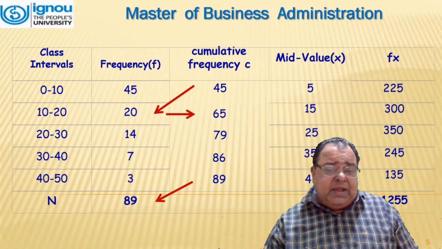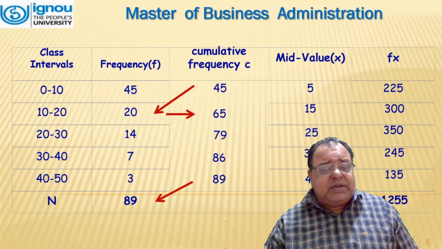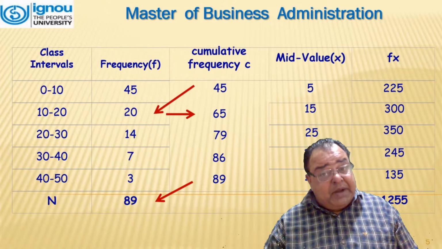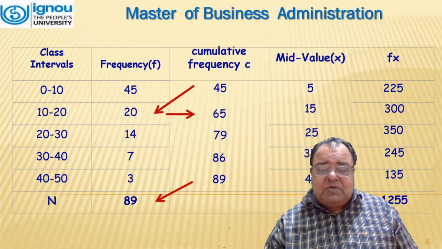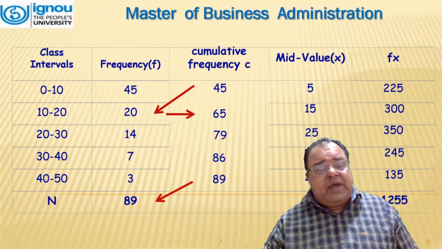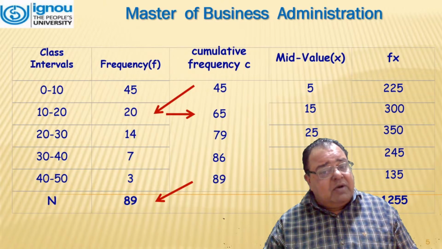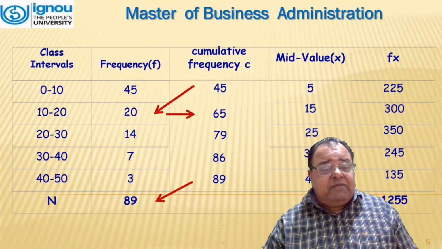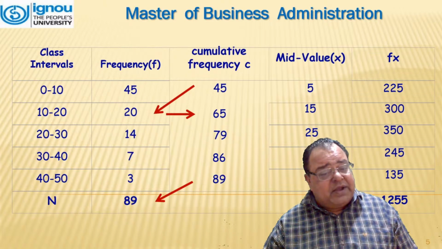In the middle, we can see that a cumulative frequency column is there. Now the question arises, why we have calculated cumulative frequency? As you are aware that for finding median, we have to use cumulative frequency. Now the question arises, how this cumulative frequency is obtained. In first step, in front of 45, we will write 45 under the column of cumulative frequency. Second part will be 45 plus 20, that is 65.